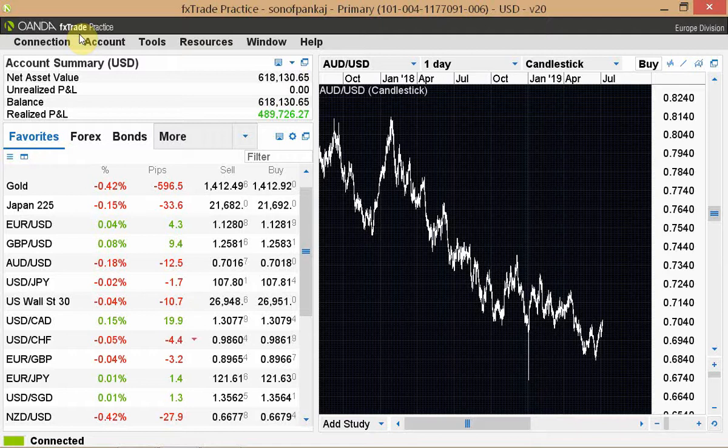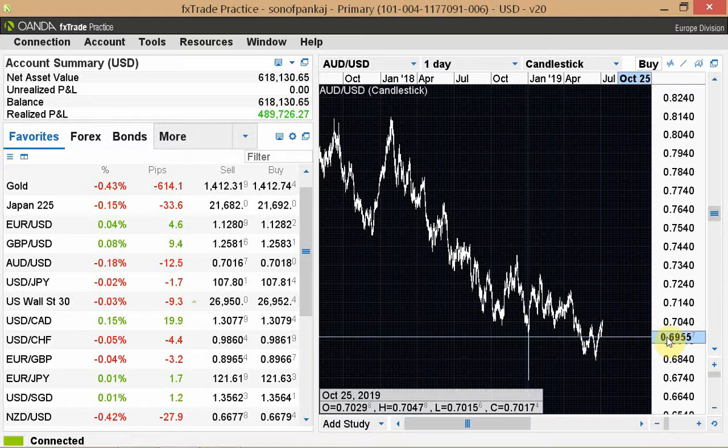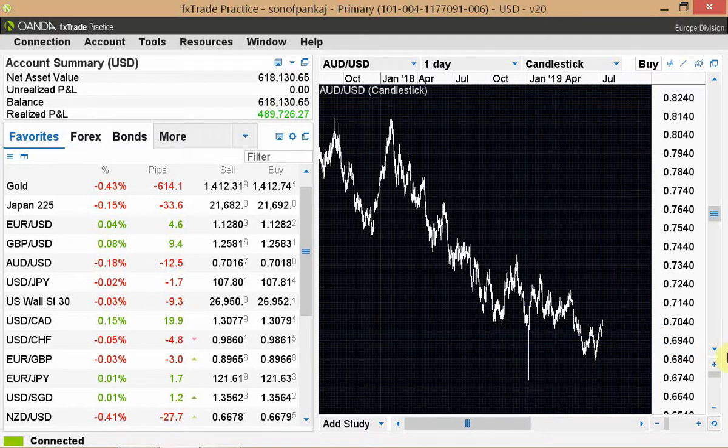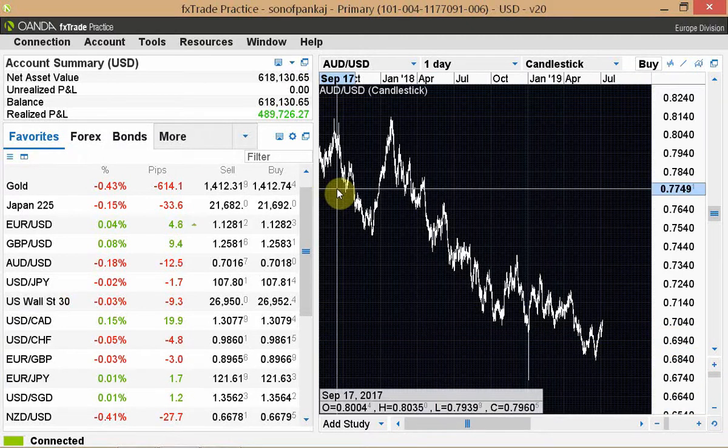So he's correct, because remember, the convention is that the base currency is shown first. So this is 1 Aussie dollar equals 70 US cents. You have to remember this. All this stuff you have to revise and internalize, so that it just comes naturally.